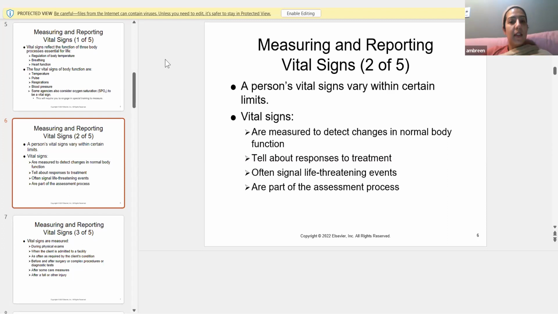A person's vital signs vary. We always have to make sure there's a baseline. Anything below or above the baseline is something we have to look into, which is a trouble. When your client is in the hospital, we know we do it.